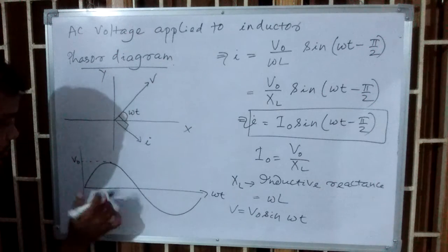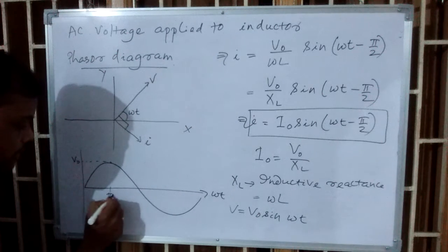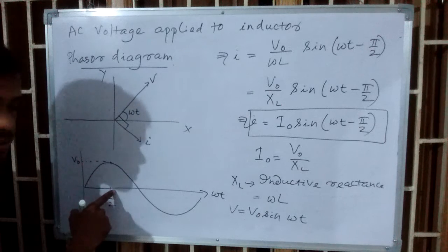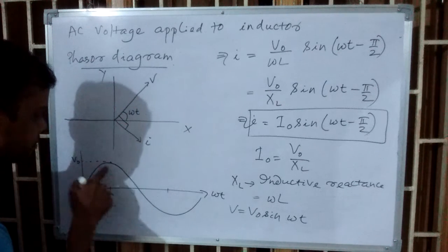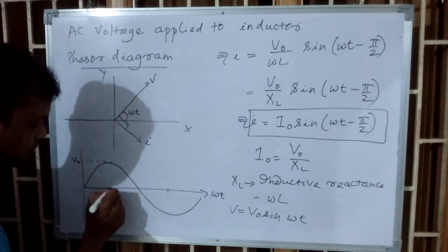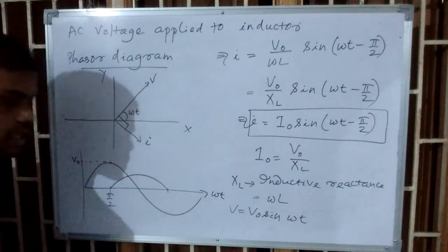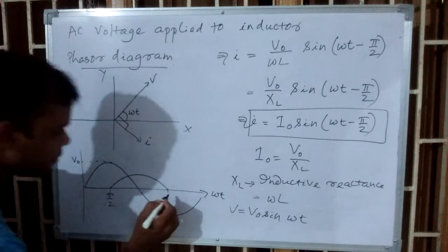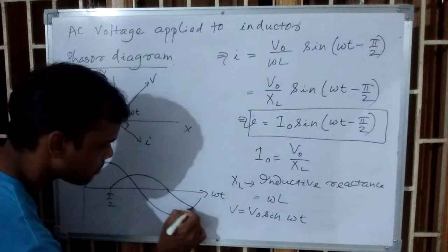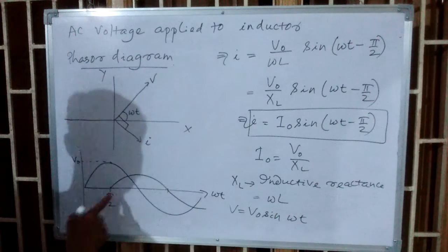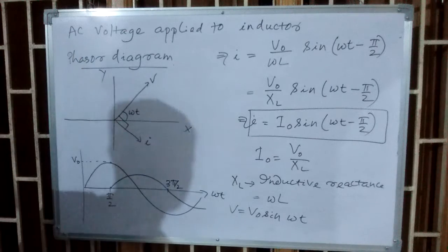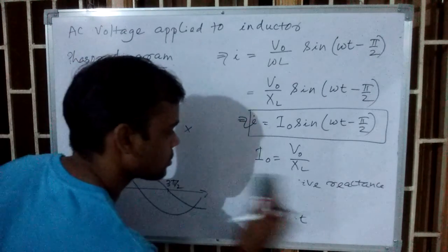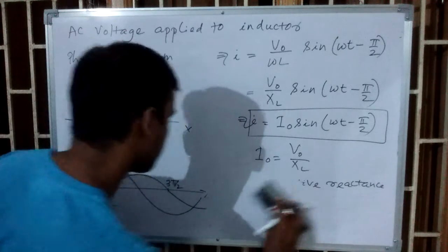So 90 degrees is this much, this is pi by 2. That means the current will start from here, but its amplitude will be less than V naught. Like this, it will continue. This is pi by 2, this is 3 pi by 2.